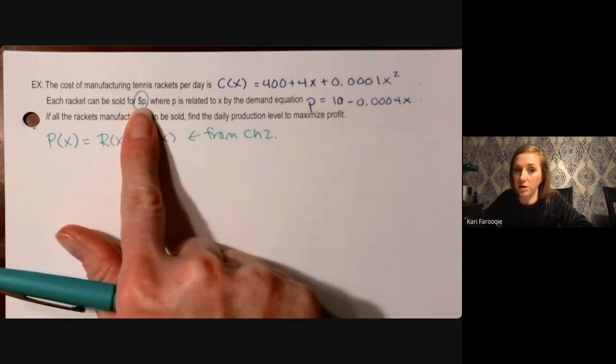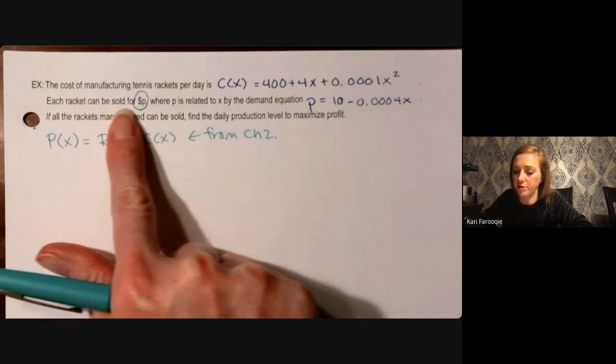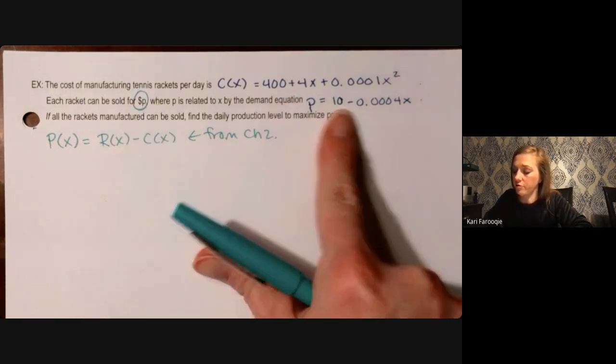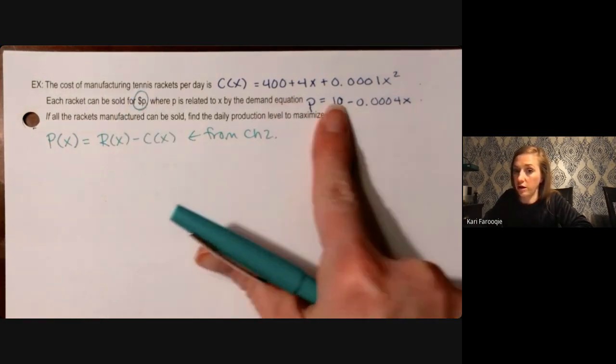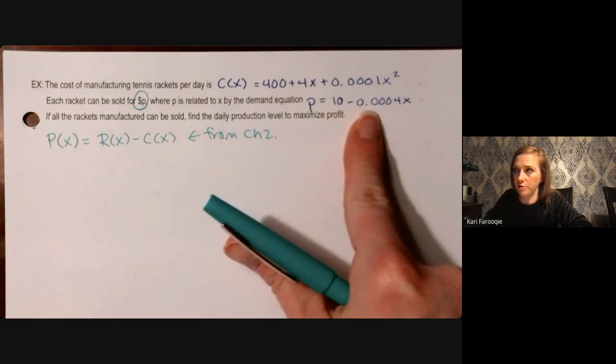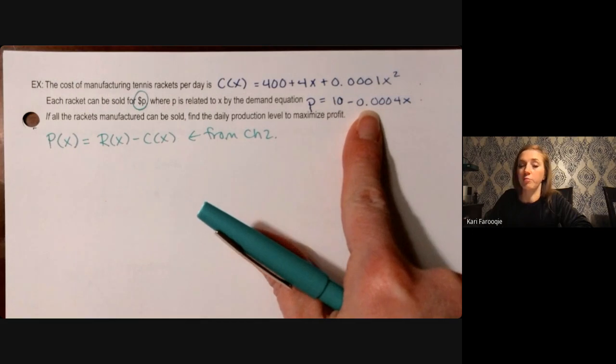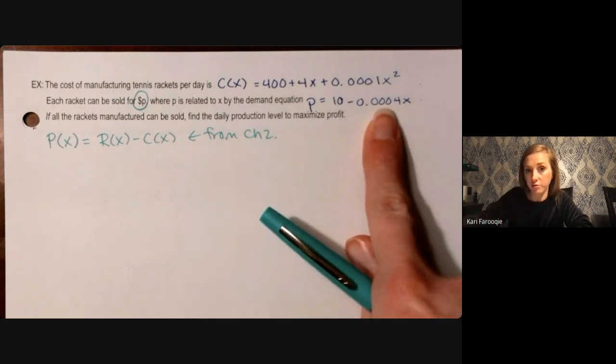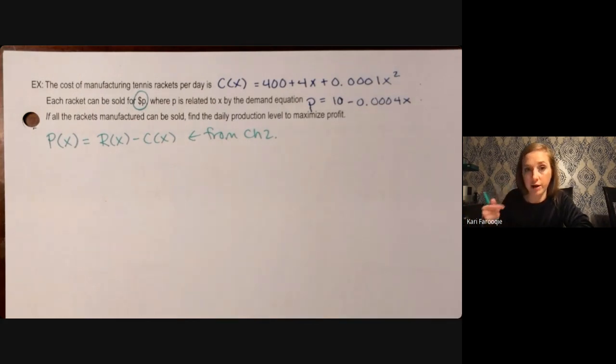We're talking about P in dollars, and this is the amount that you're going to sell each racket for. So if we're talking about P dollars, then this is the amount of money you're selling each racket for, 10 minus 0.0004x. And you're multiplying that by X, the number of rackets that you're selling. So the price for each racket multiplied by X rackets.